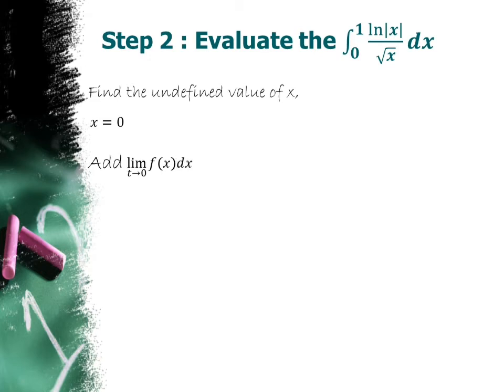So the undefined value of x is 0. I add the limit as t approaches 0 to the function, and I change the integral to 0 to t because t approaches 0.